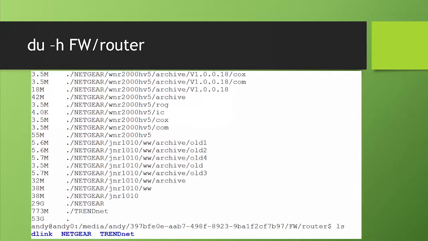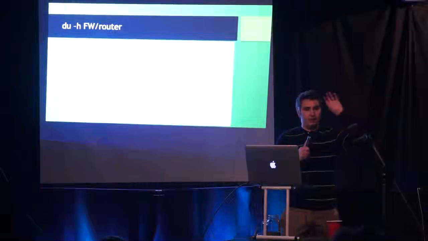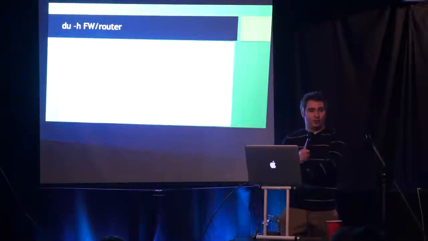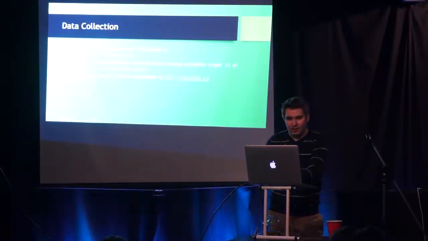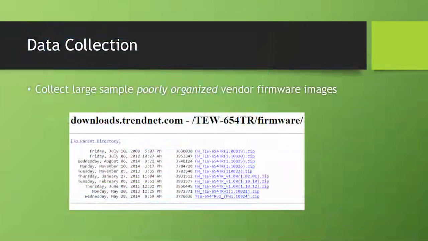Basically, I needed to say the firmware is this vendor, this hardware version, this firmware version, right? Now, if you look at what I just showed, they're really bad at that. You've got a whole bunch of them that start with FW_, you've got one that starts with TEW, there's brackets, there's a bunch of nonsense.